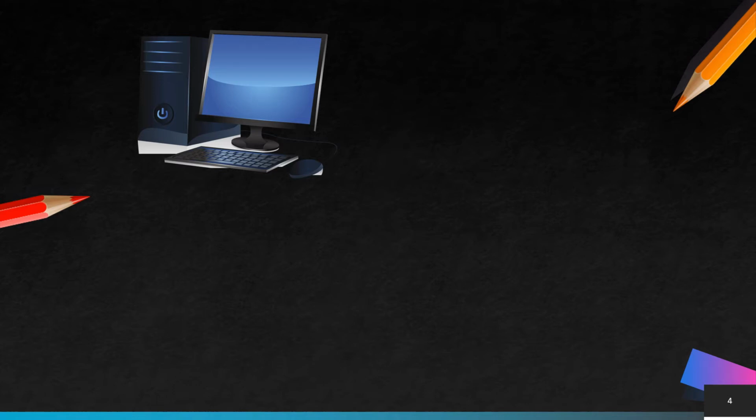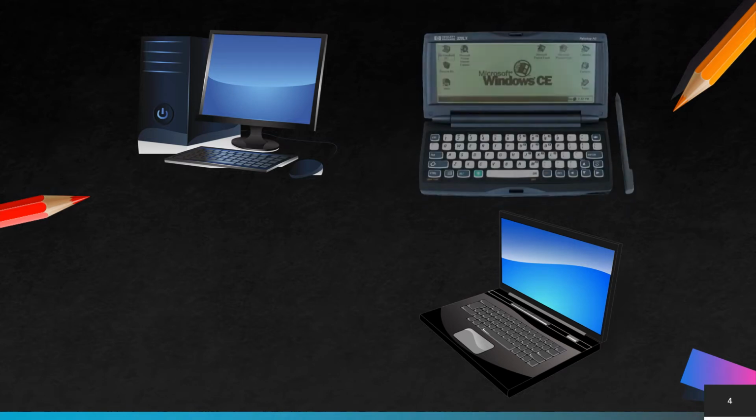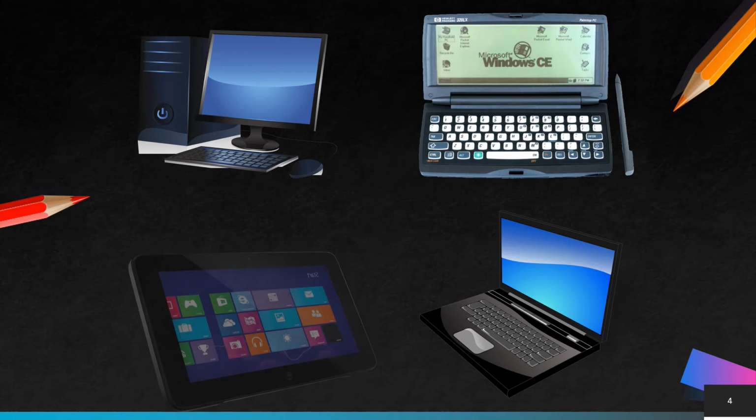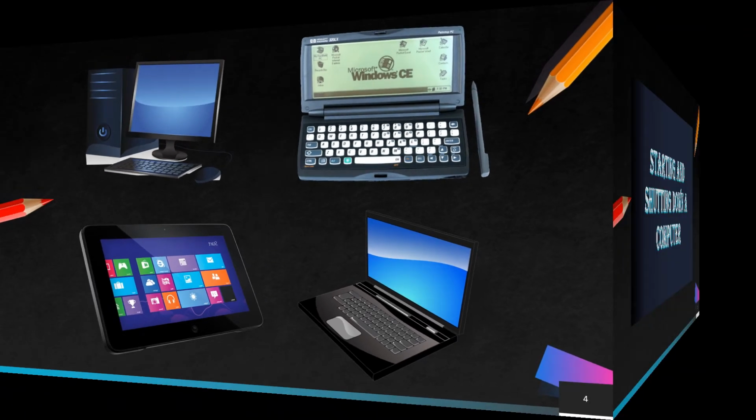Desktop computer. Very good. See, what type is this? Okay, laptop. The next type is, can you tell me? Okay, this is palm top computer. And this is tablet. Very good.